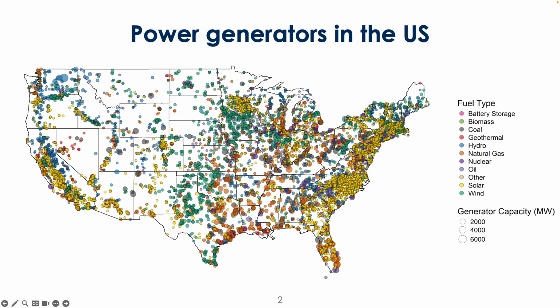Oftentimes, if I have population centers on the coasts and power generation in the middle of the country, how do I get the electricity from where it's produced to where it gets used?